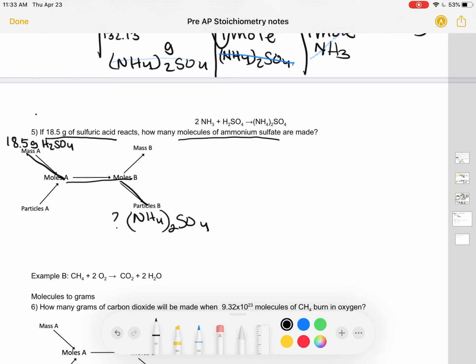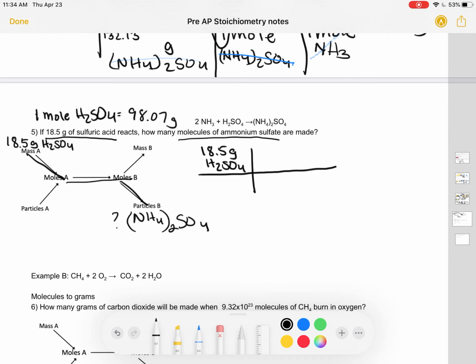Okay, so I think I have space over here to do it. Let's try. And I had written before accidentally, but 1 mole of H2SO4 weighs 98.07 grams. Okie dokes, so let's do it. Let's get this bread. 18.5 grams of H2SO4.